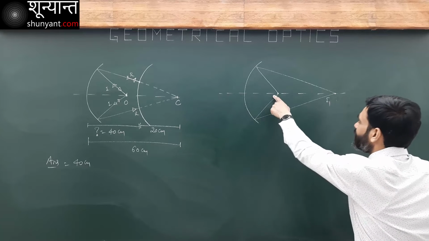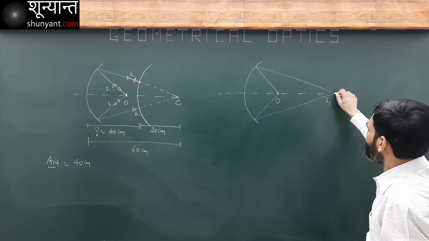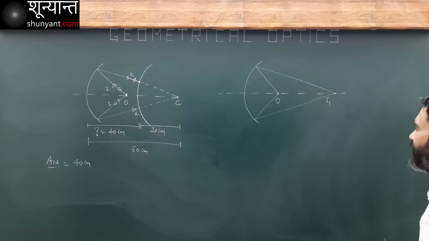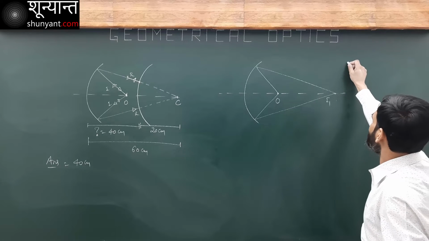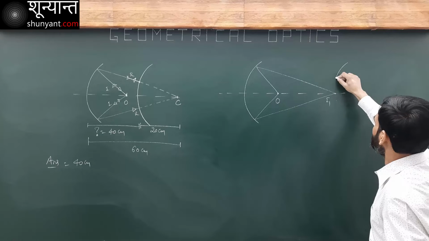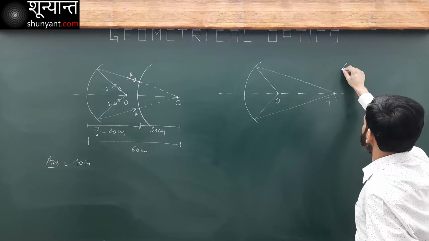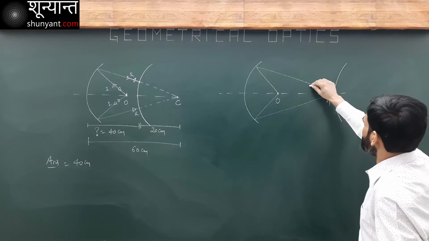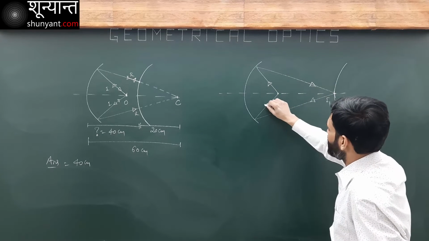Object is at O, image is at I1. If I keep an object at I1, image will be at O. That is reciprocity. How will that happen? What can I do? I can keep my convex mirror right here, such that the image forms at the pole of this mirror. In that case, these light rays will go like this. They will start from here, finally they will reach the object.